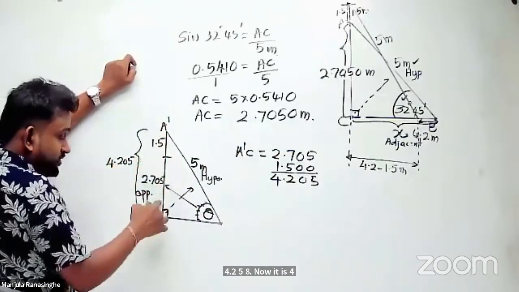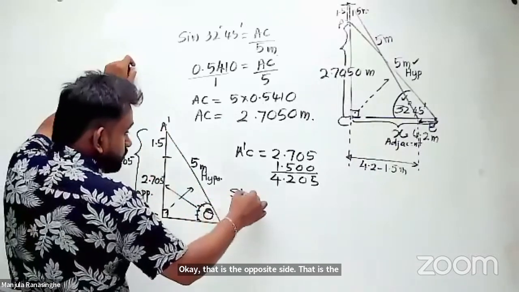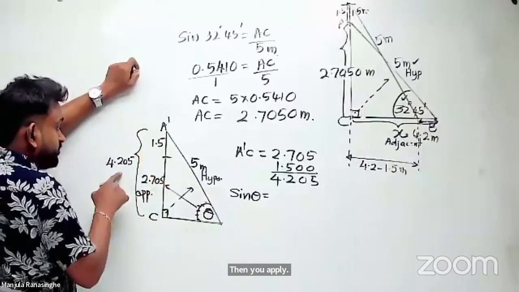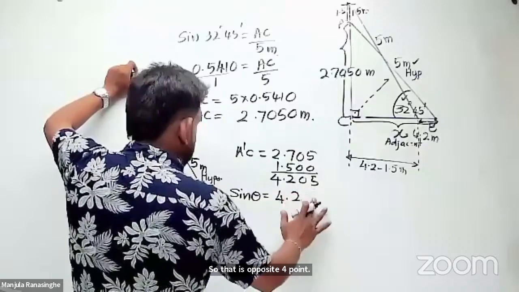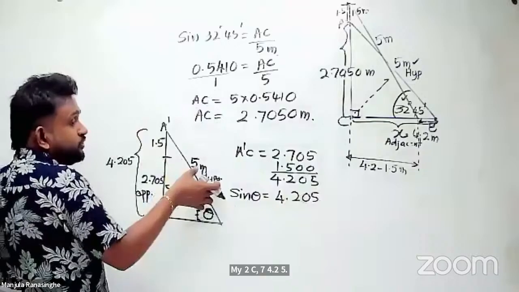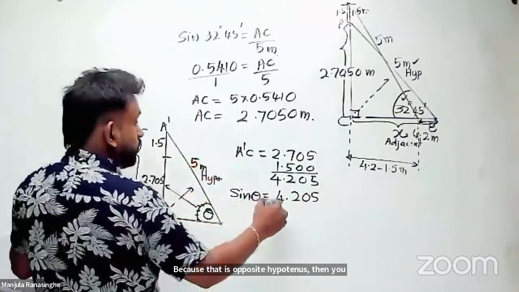That is the opposite side, that is the hypotenuse. Then you apply sine theta equal opposite over hypotenuse. So that is opposite 4.205, because that is opposite and hypotenuse. Opposite over hypotenuse is sine theta.